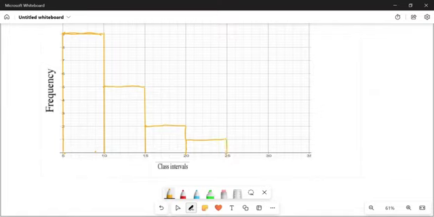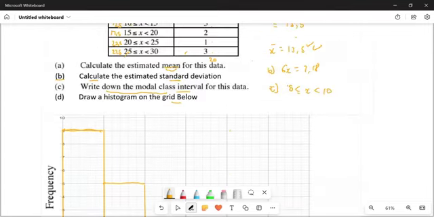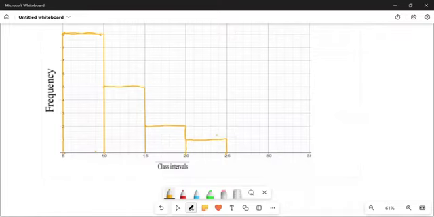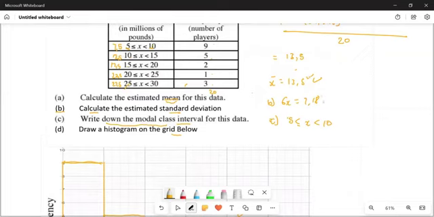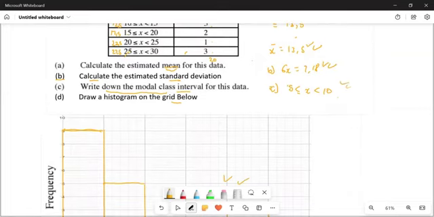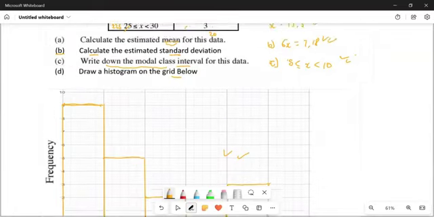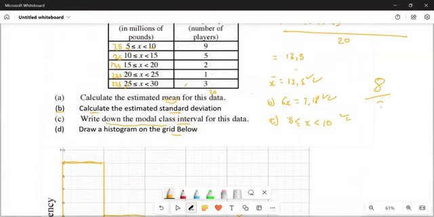And then the last one, it's 3. For us being able to draw a histogram, they will give us 2 marks. And then here you are going to give yourself a total, so you get 1, 2 here, and then you get 1, 2 here, and then you also get 2 here. All in all, you are going to give yourself a mark out of 8. And then we are done with this one.